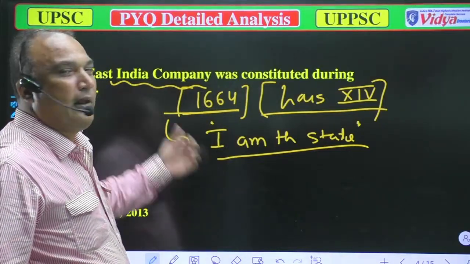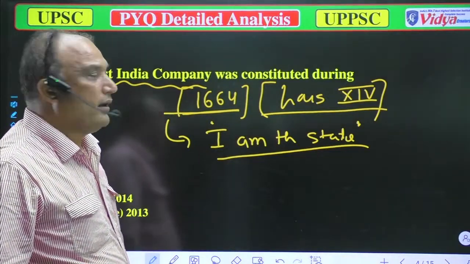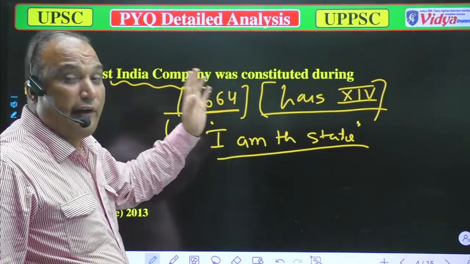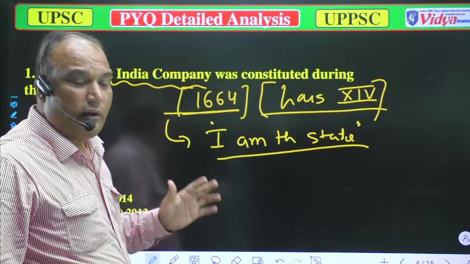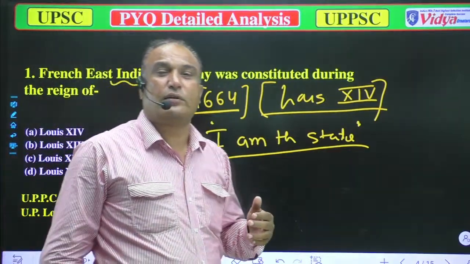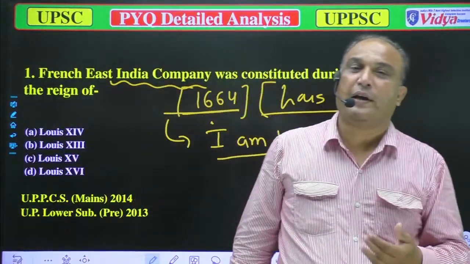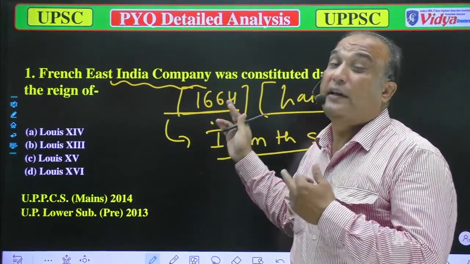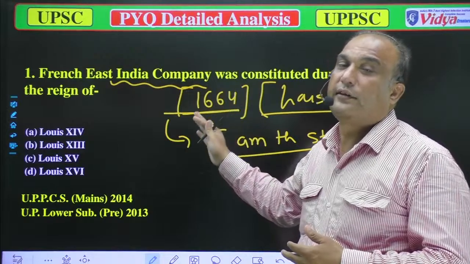And at the time of the French East India Company, Louis XIV was the king of France. And you know, all major companies were established by entrepreneurs, but this was the company established by the king. So that was the government company.